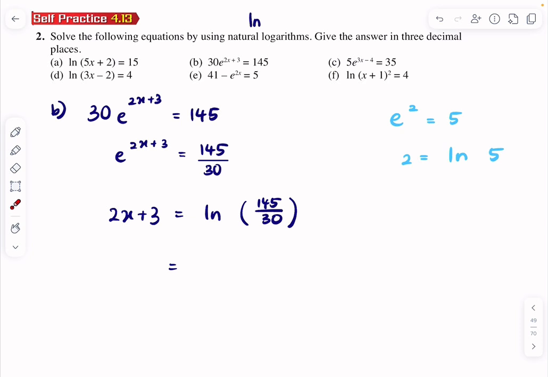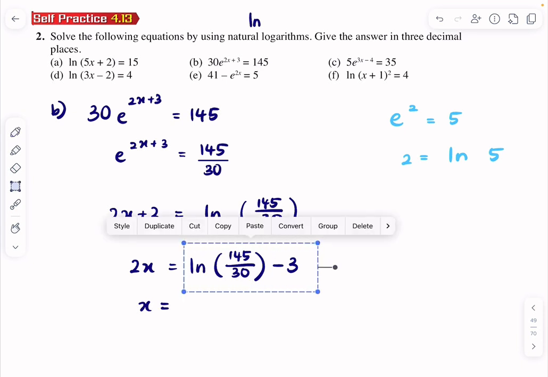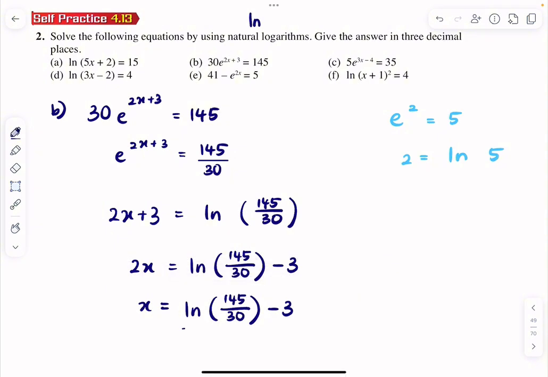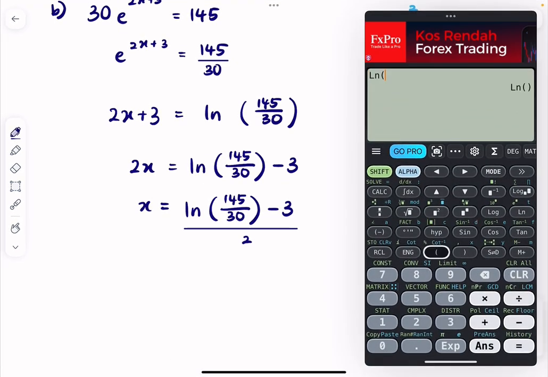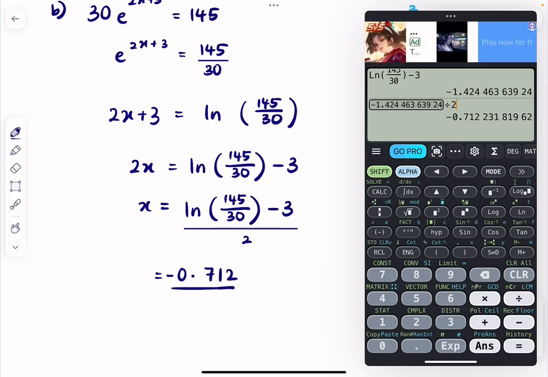Then we make x the subject, so 2x will be ln(145/30) minus 3. x will be this whole thing divided by 2. So we put this in our calculator: ln(145/30) minus 3, whole thing divided by 2. We get negative 0.712, correct to 3 decimal places.